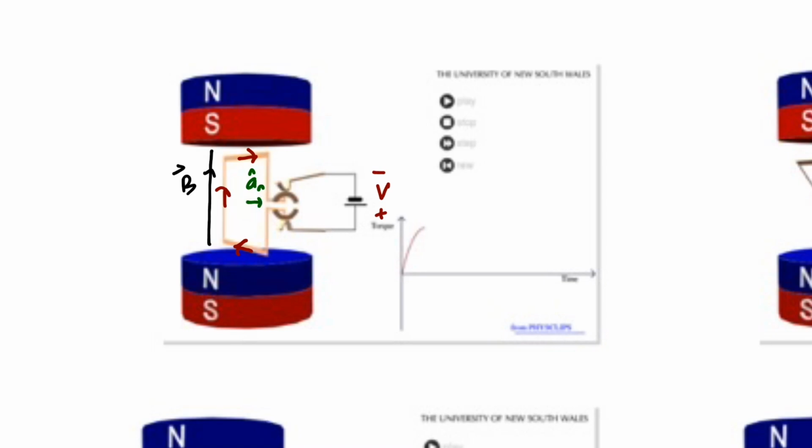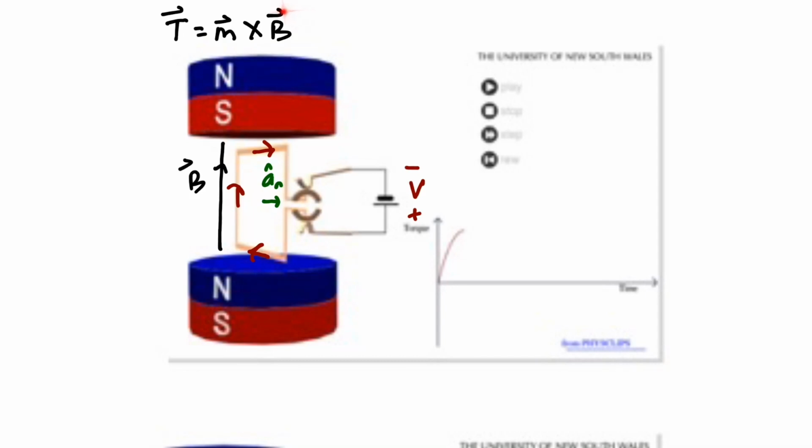The magnetic flux density field will go from this north pole to this south pole. So the current loop will experience a torque and will want to rotate like this.